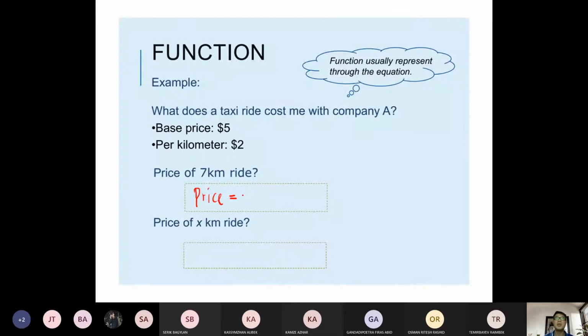So how do we calculate? First we take $2 multiplied by 7 kilometers, because for each kilometer we pay $2. So 7 kilometers multiplied by $2, plus the base price, and the answer is 19.